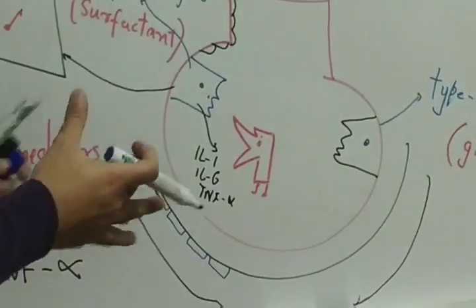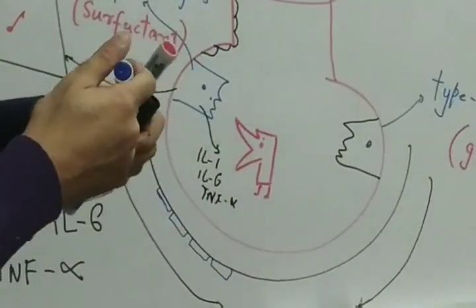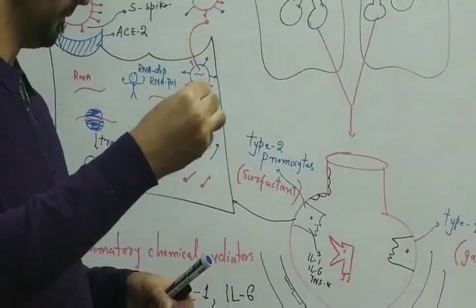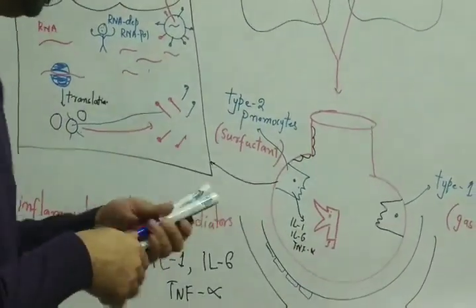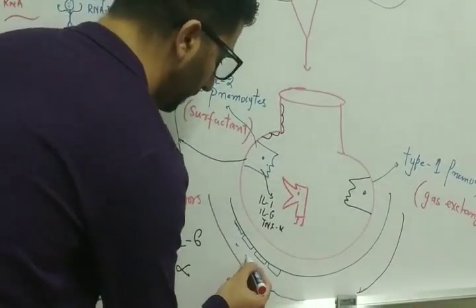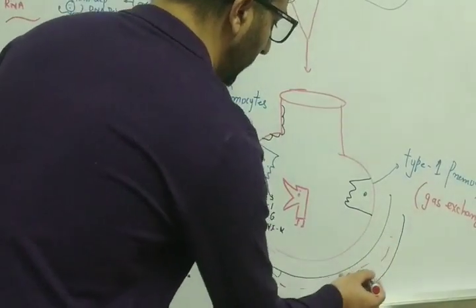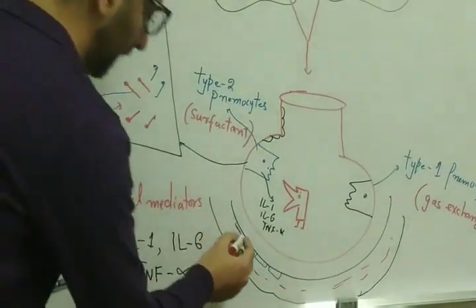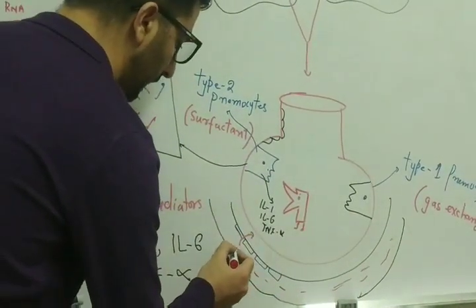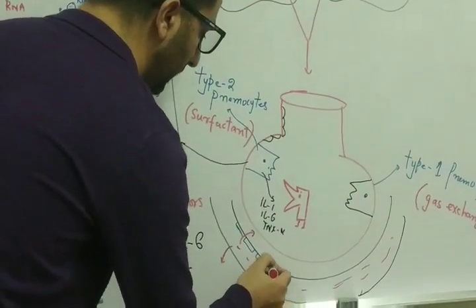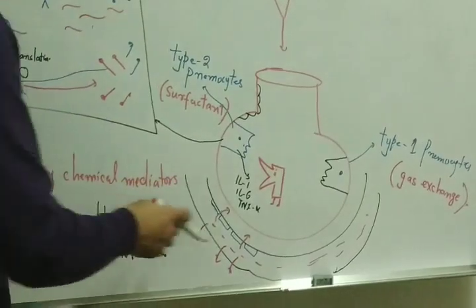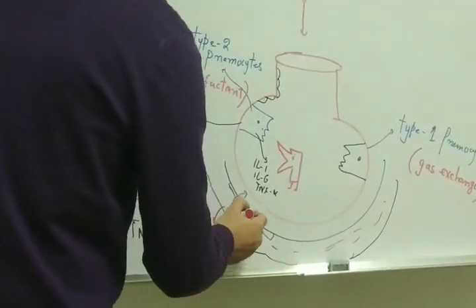When interleukin 1 acts on these cells, the endothelial cells, there is shrinkage of the endothelial cells. What is meant by shrinkage? For example, this is an endothelial cell. It shrinks, and there is an increase in permeability. The fluid inside the vessel gets rushed out to this side, leaking from the capillary.